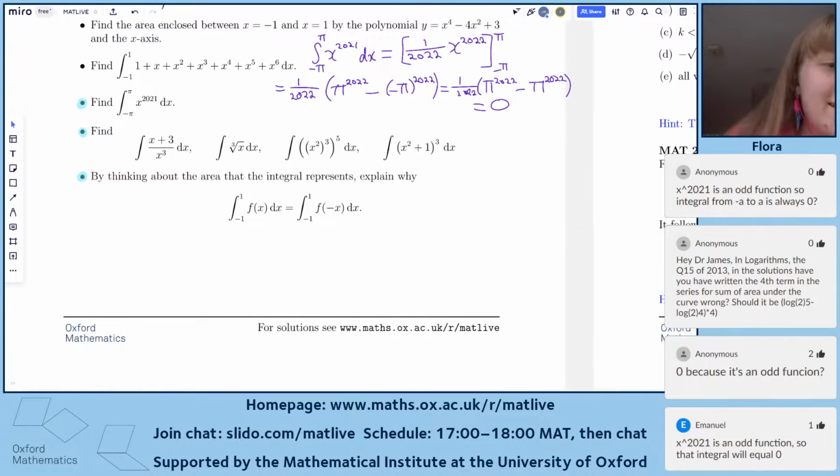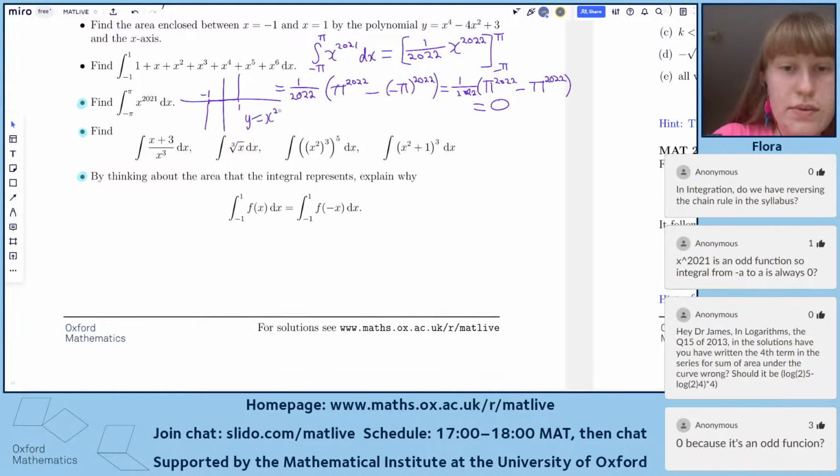And now, that may seem kind of surprising, but when you think about what this graph looks like, and what an integral represents in terms of the area under a graph, it's going to make a lot more sense. So I'm going to draw a very small, very beautiful diagram for you here, which goes like this. So this, my friends, is what the graph of y equals x to the 2021 looks like.